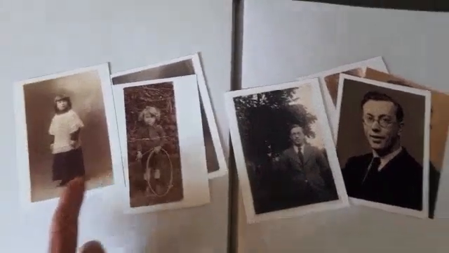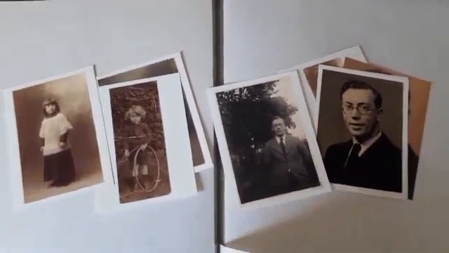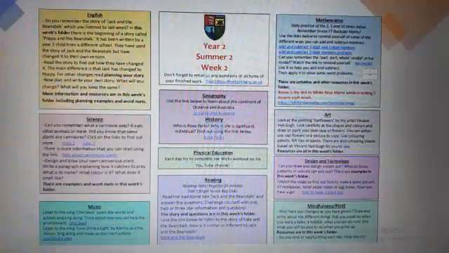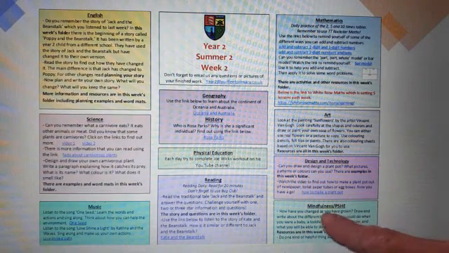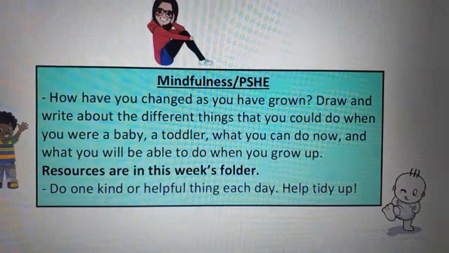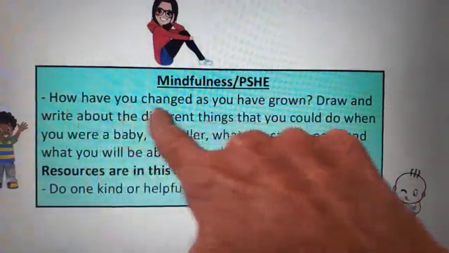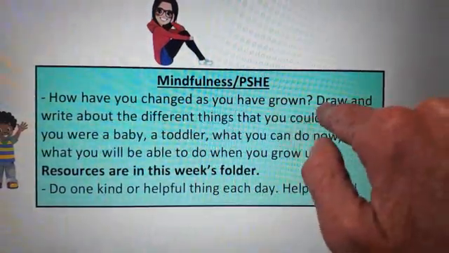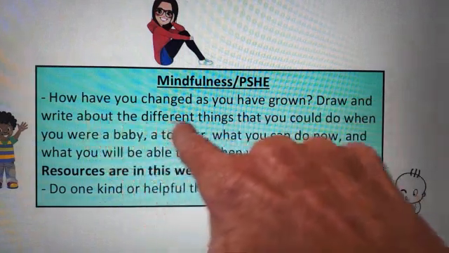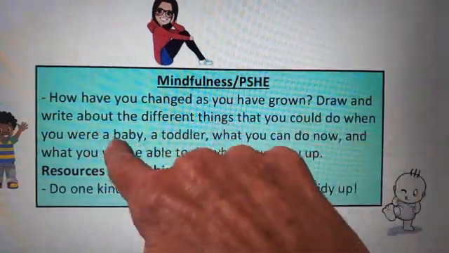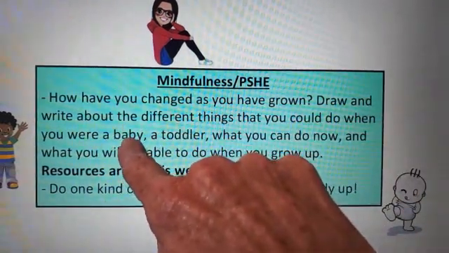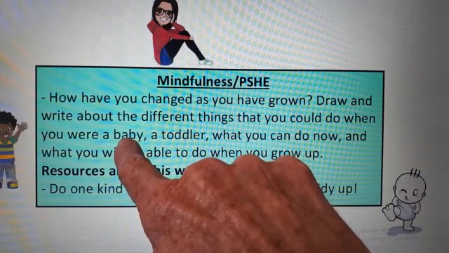That reminds me of one of your targets for this week. Here it is in Mindfulness, PSHE. It says, how have you changed as you've grown? And now it's asking you to draw and write about the different things that you could do when you were a baby. It's a good idea to ask your parents or older brother and sister.